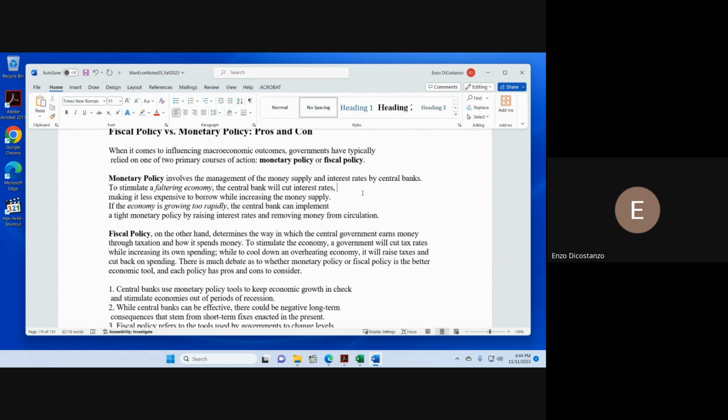Fiscal policy determines the way the central government earns money through taxation and how it spends. So this is taxing and spending.